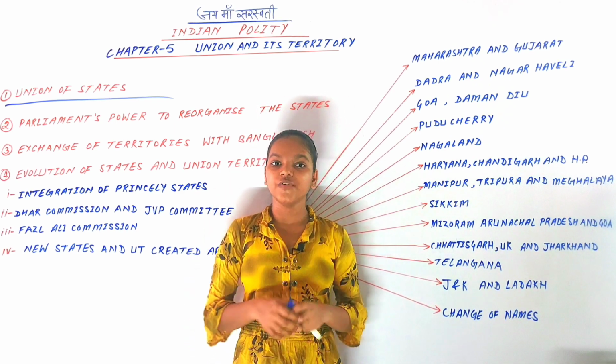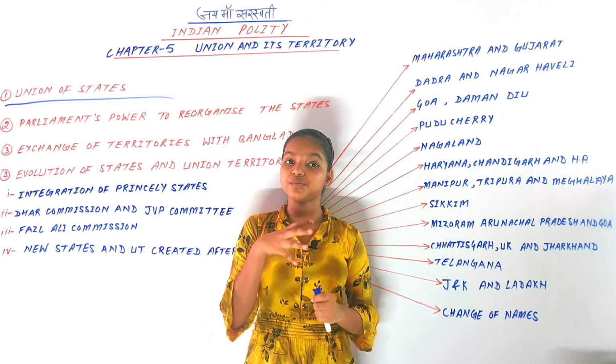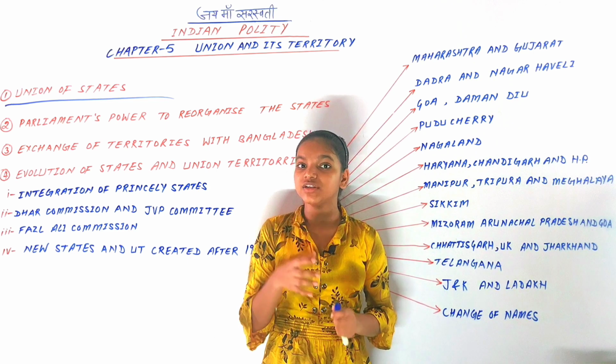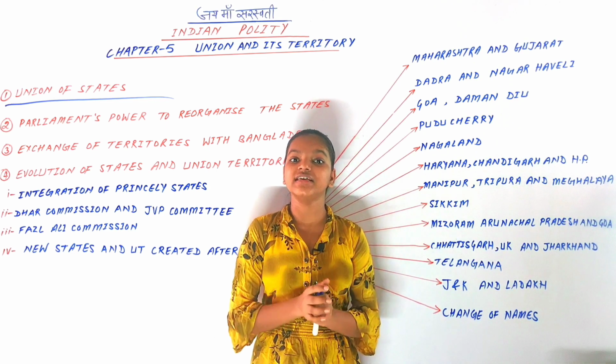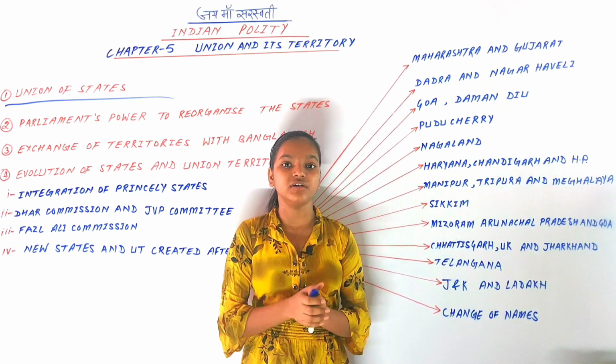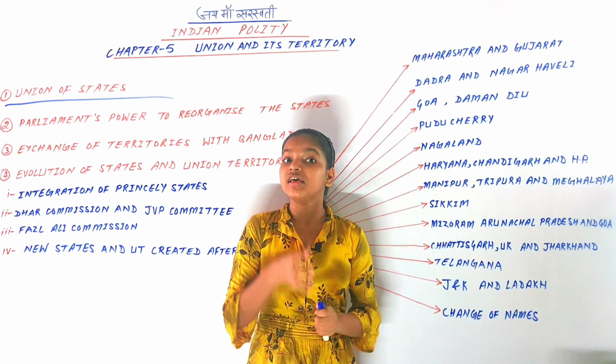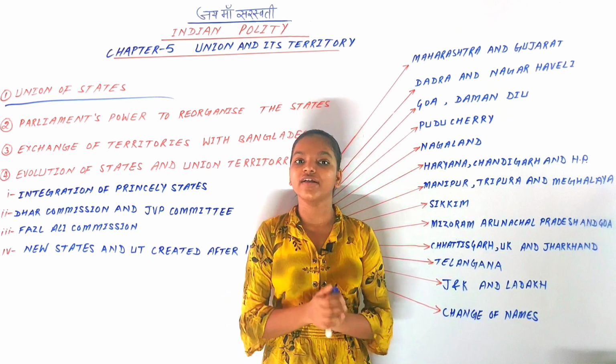Article 2 of our Indian Constitution says that the Parliament may by law admit or establish new states in India. So Parliament has the power to admit any new state or establish any new state if it thinks it fits for India.